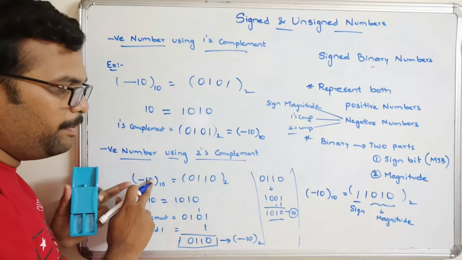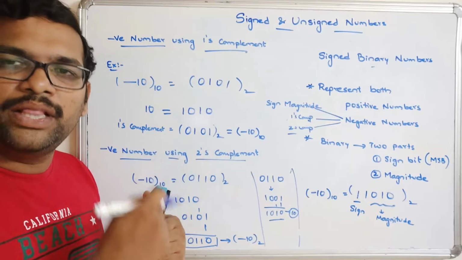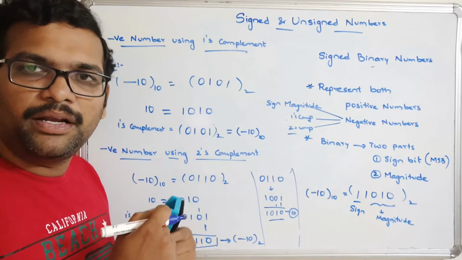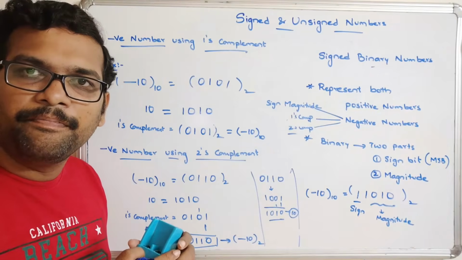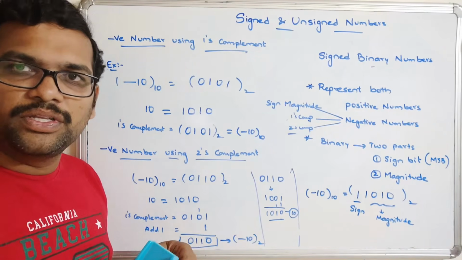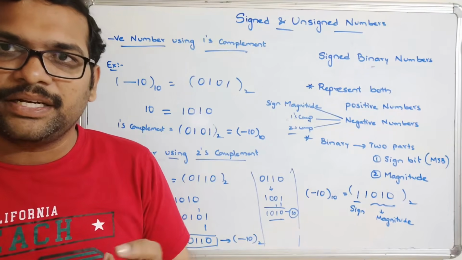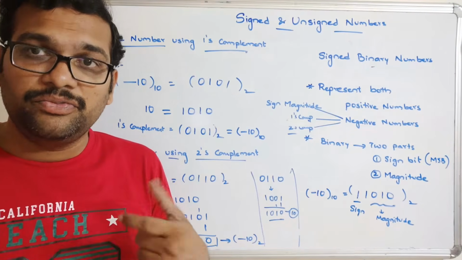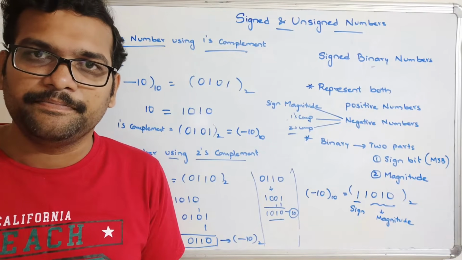And for the 2's complement, just the binary addition of 1 with the 1's complement gives the 2's complement. That will also represent the negative number, right? I hope you understood this signed and unsigned binary representation. This will be used in our further concepts, the 1's complement and the 2's complement.